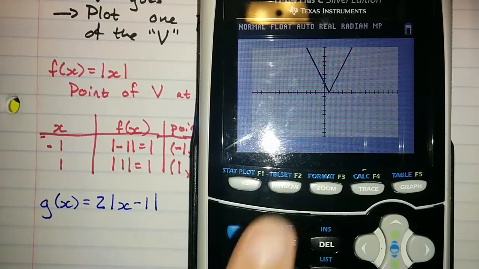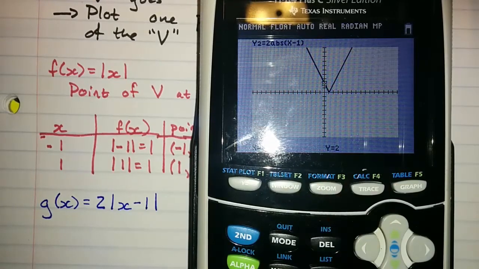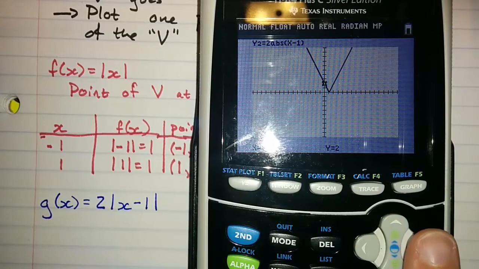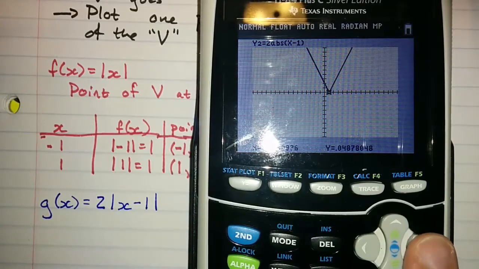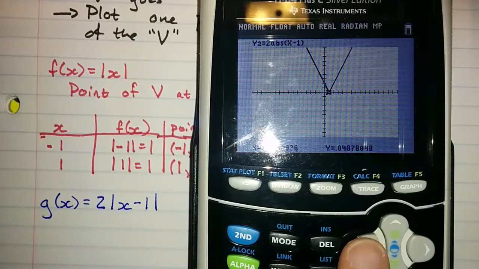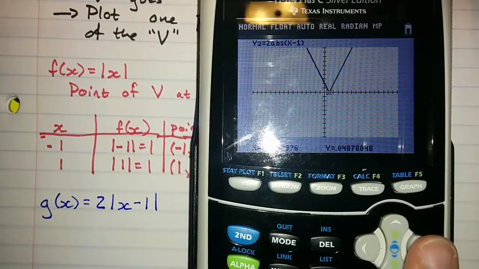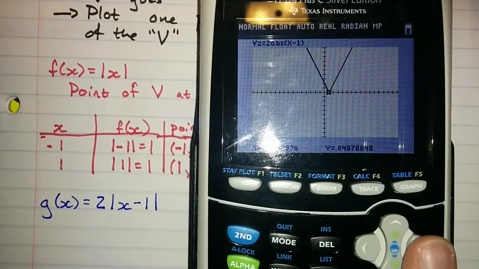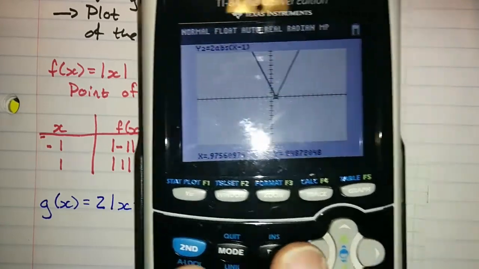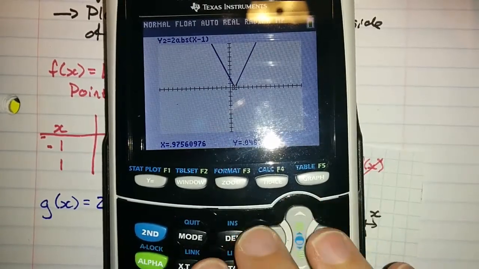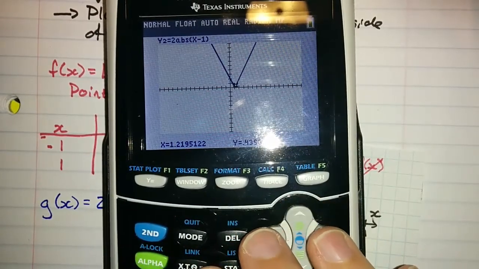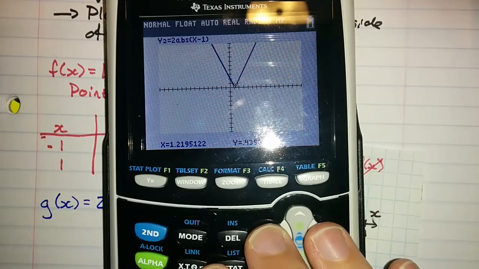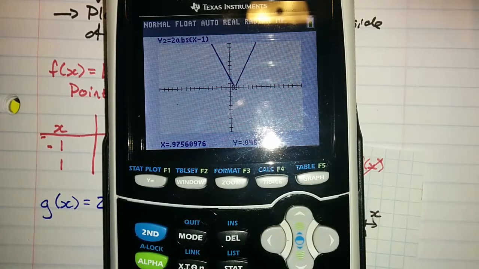Again, we want to find the point of this V, so we'll hit trace and slide along until we seem to turn around. Well, it's somewhere in here, isn't it? Somewhere around x is 0.9 something. You know, it looks an awful lot like that's going to happen at x equals 1.